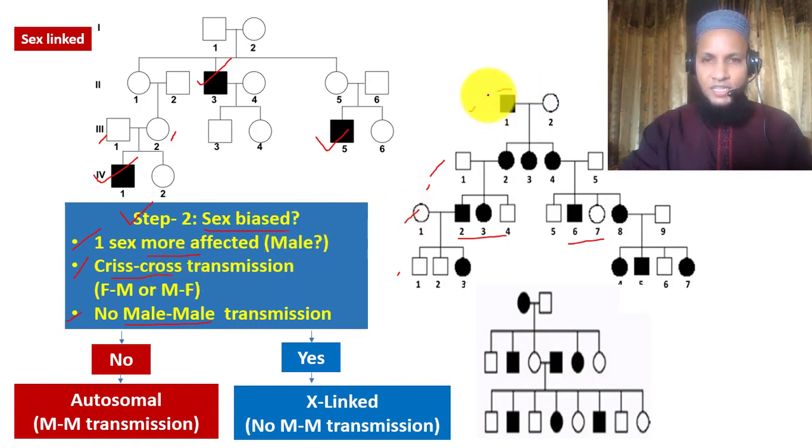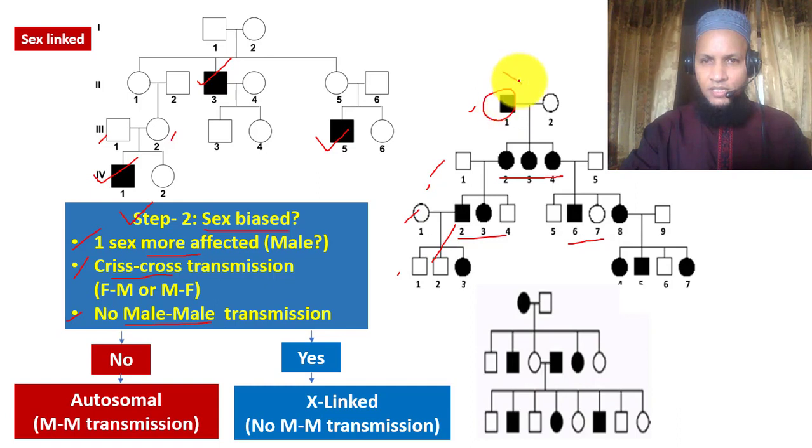Here we can see this affected father has all daughters affected, but there is no male to male transmission. This male cannot transmit the disease to his sons. So there is no male to male transmission, and there is crisscross transmission, that is father to daughter.